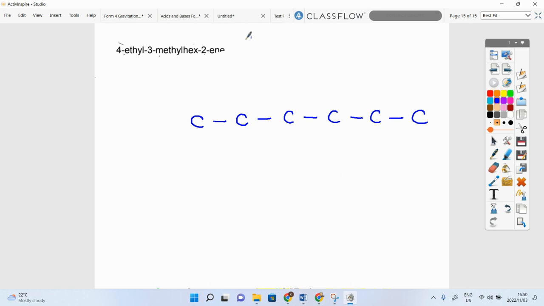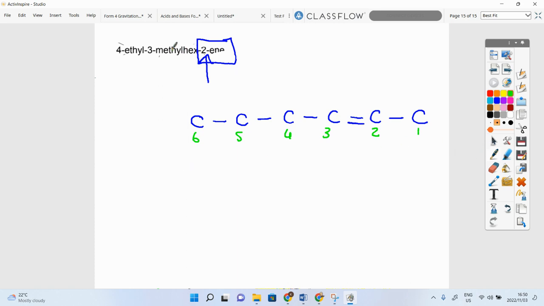And then you go to the dash. After which carbon? After the second carbon. It doesn't matter if you go 1, 2 from either side, it's still the second carbon. But if you put it there, you must remember that you started from this side, so that you know where to put the rest.